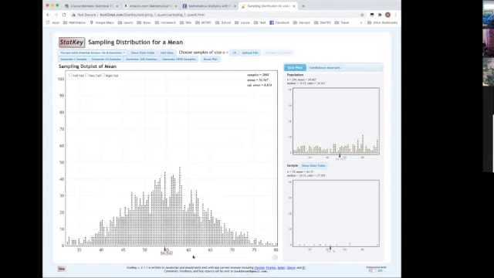So we have that the population mean, right, we found that was over here, was the 54.465. And then we have the mean of the distribution of sample means.